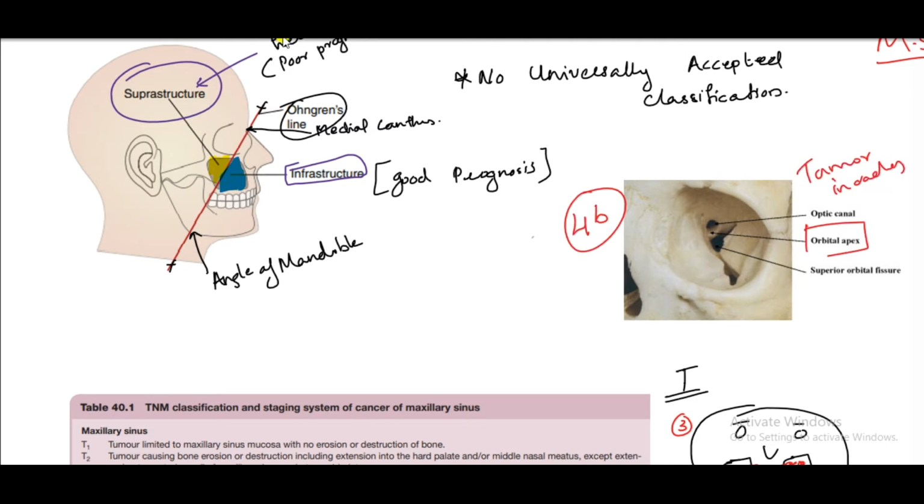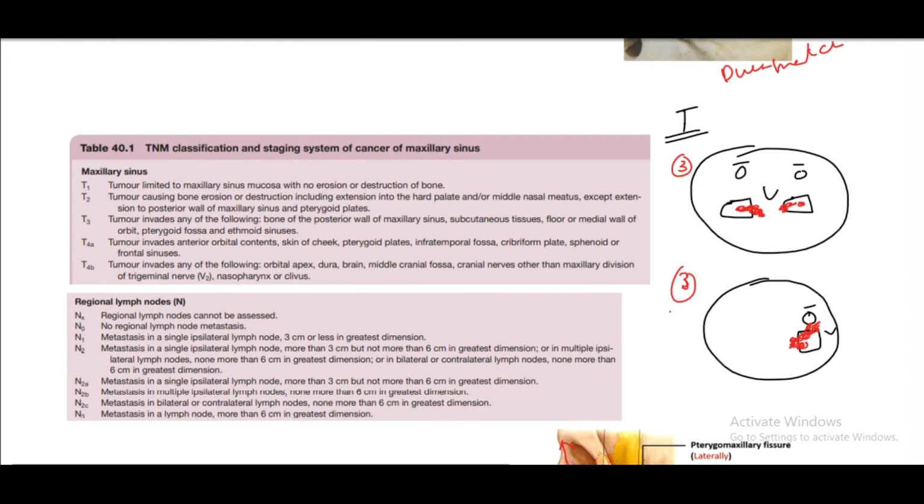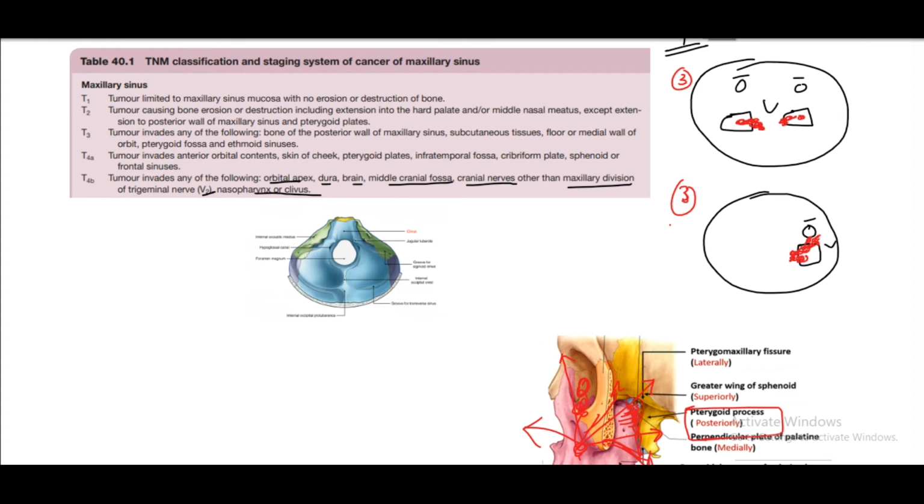In 4B, it extends into the orbital apex, dura mater of the brain, middle cranial fossa, nasopharynx or clivus, and cranial nerves other than the maxillary division of the trigeminal nerve, that is V2.